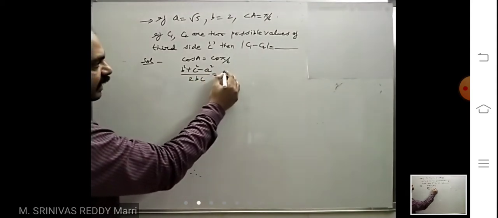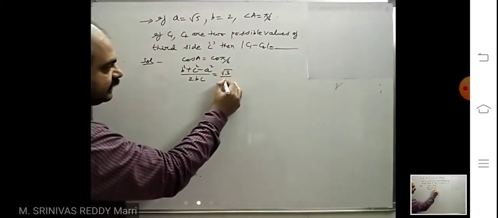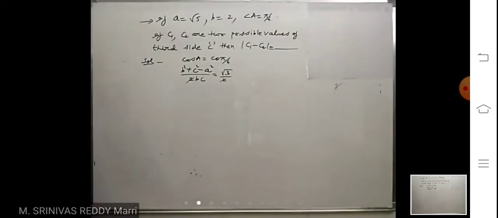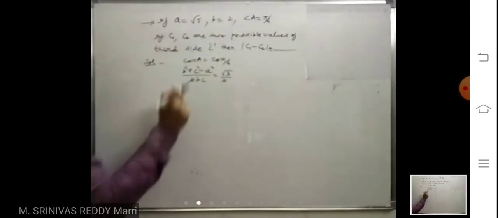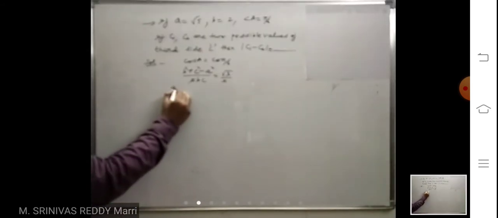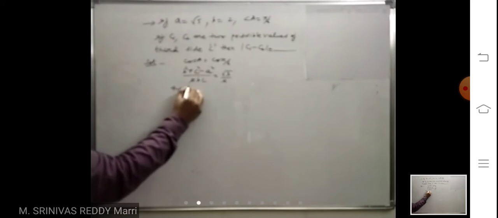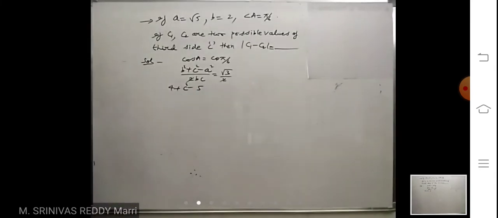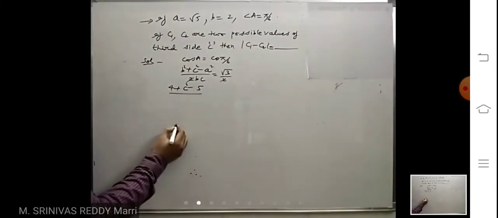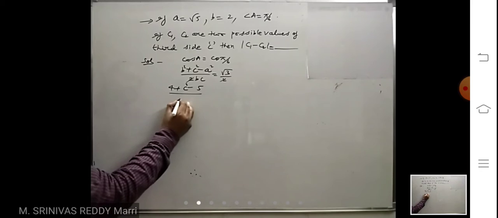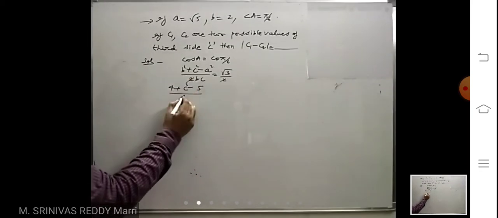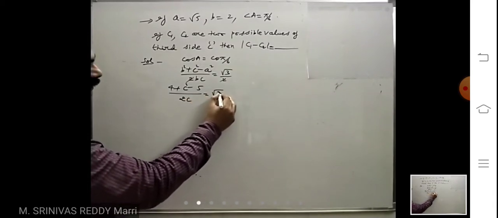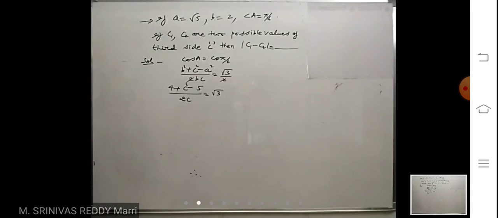This is cos 30 degree, which is root 3 by 2. Now substitute the values. Only c is the variable, the remaining you know. b square means 4, plus c square minus a square, which is 5, divided by 2bc, equal to root 3 by 2.